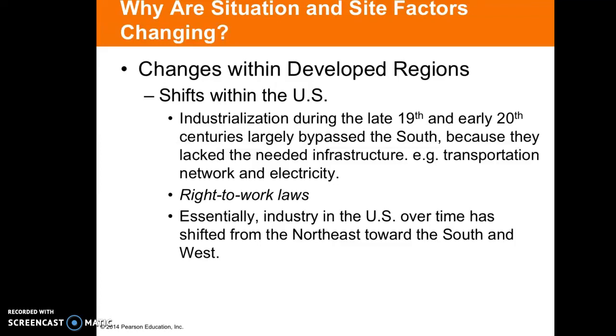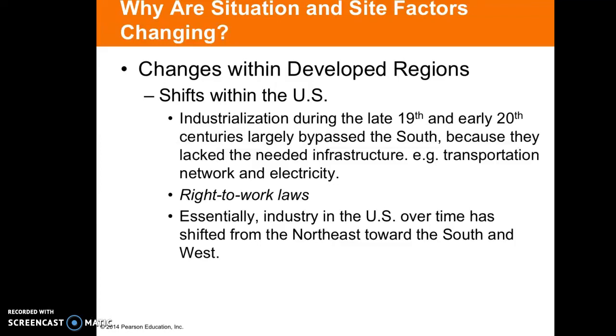It didn't have even a well-established network of highways initially. So the North and the Northeast definitely had that infrastructure already established. This would be true in more rural agricultural areas in Europe as well. So the South was still predominantly agricultural. The North was predominantly industrial.